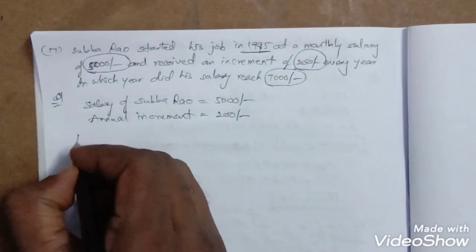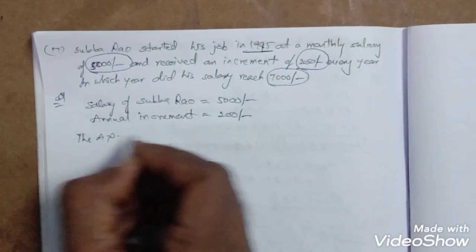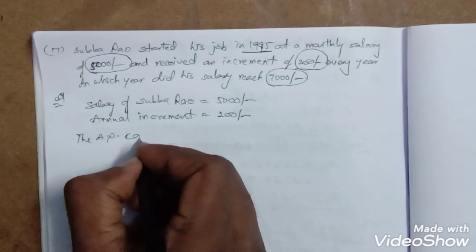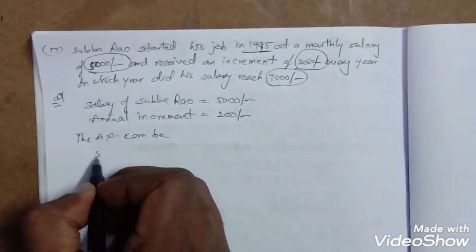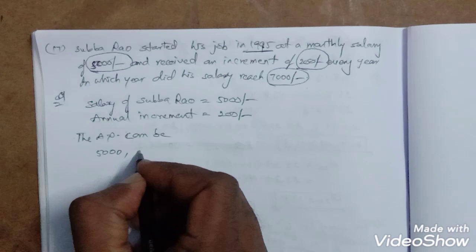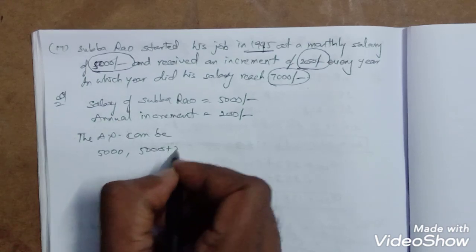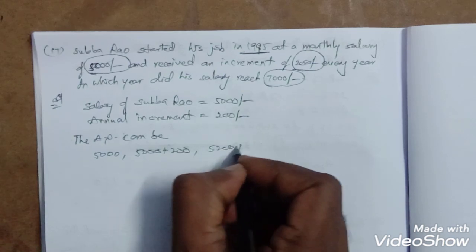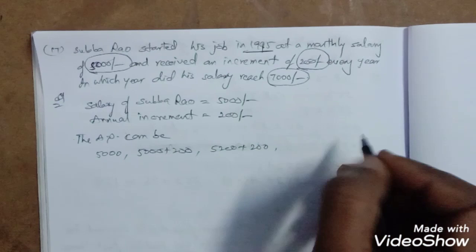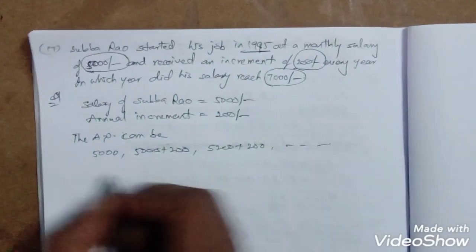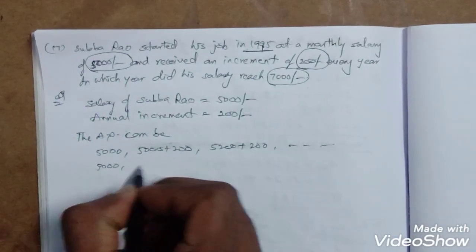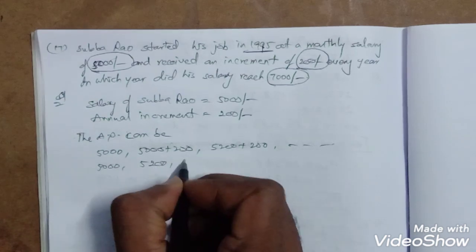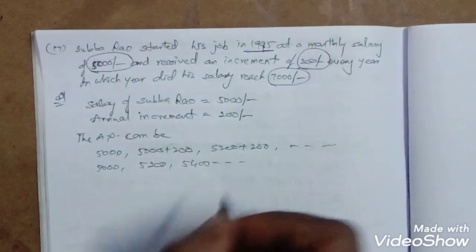Therefore the arithmetic progression can be 5,000 as the first year salary, next 5,000 plus 200, that is 5,200, plus 200. So every year 200 is added, and so on. So your series will be 5,000, 5,200, 5,400 and so on.